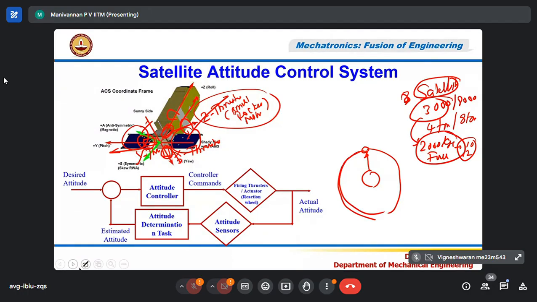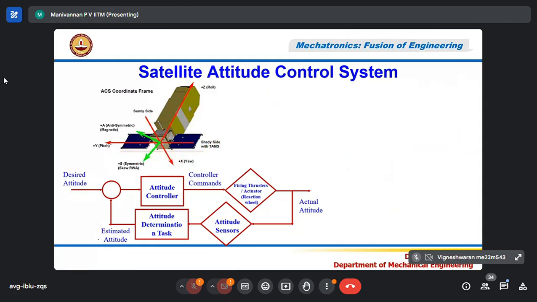That is what the picture shows here. In satellite altitude control, you want to maintain the desired altitude. That means I say 400 kilometer height, and also theta, psi, and for example phi. This is the orientation with respect to the x-axis.